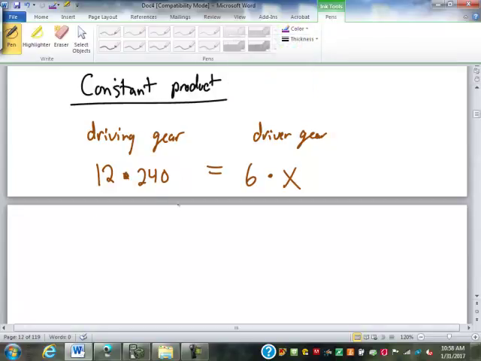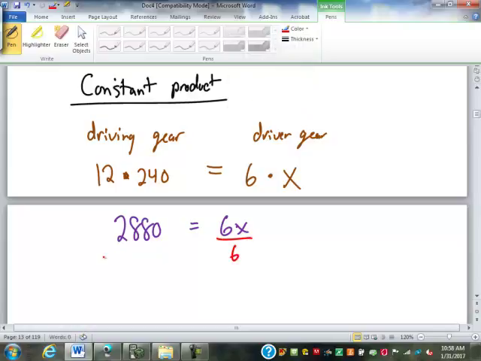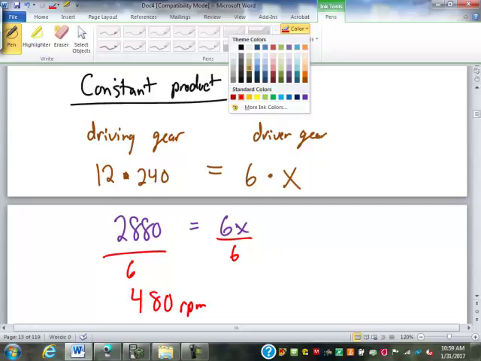So 12 times 240 is 2,880 equals 6X. Divide by 6 gives us 480 RPM. Does that make sense? Sure.